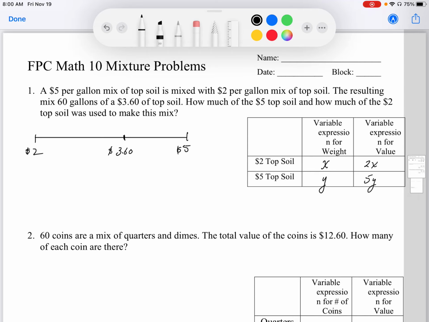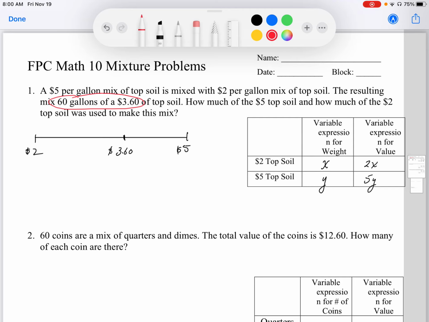And 5 times Y gives us the amount that the $5 topsoil is worth. And together, it's going to be worth a total of 60 gallons at $3.60.